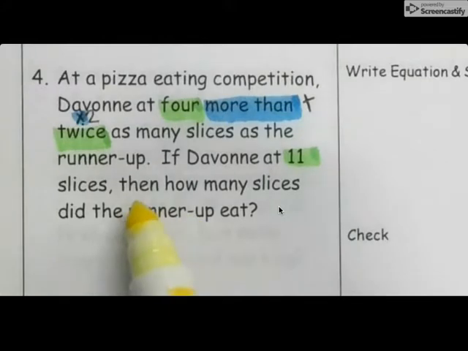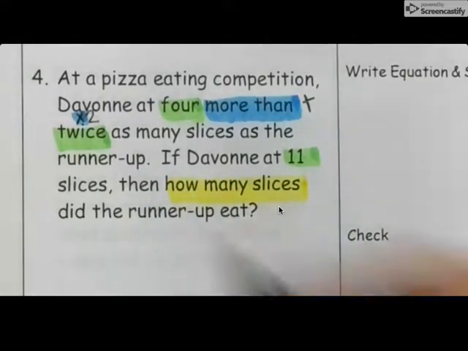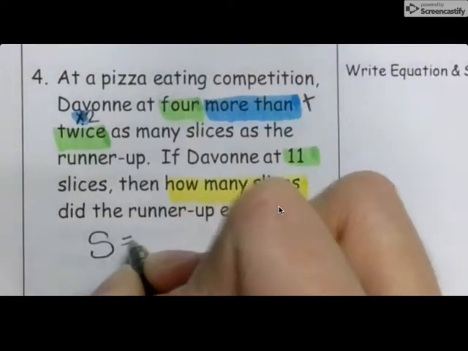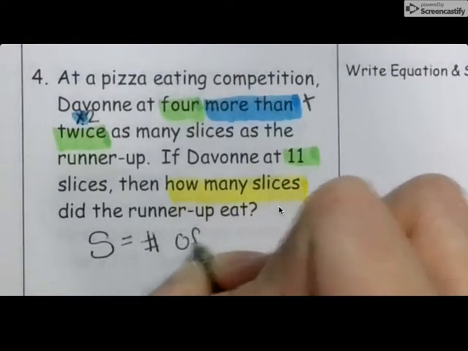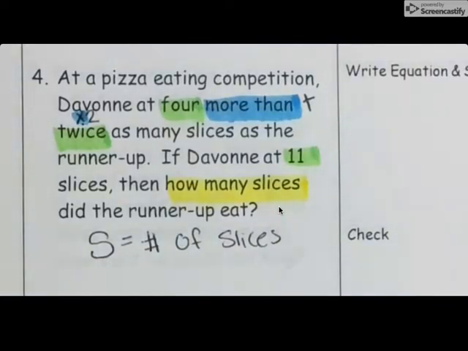So it says how many slices. Because we're looking at slices, I'm going to put my variable as an S, and try to make your S not look like a 5. And this is going to be number of slices. And then the last part, which one is going to go next to the S?